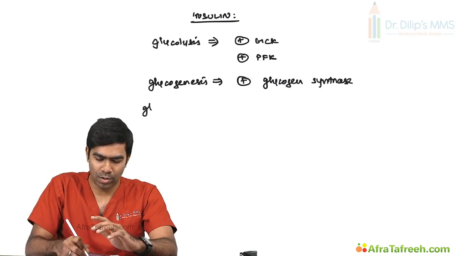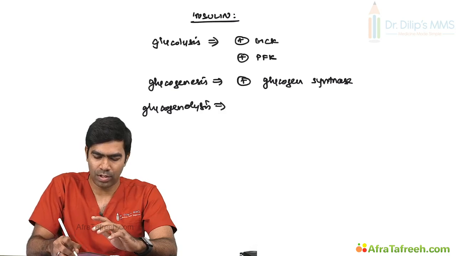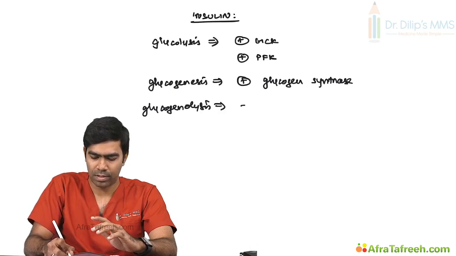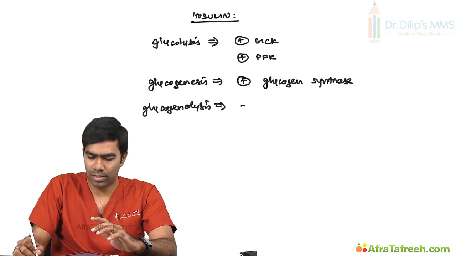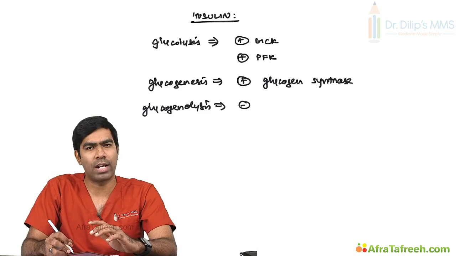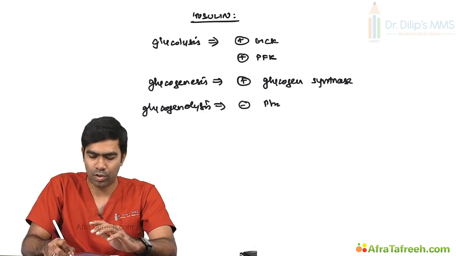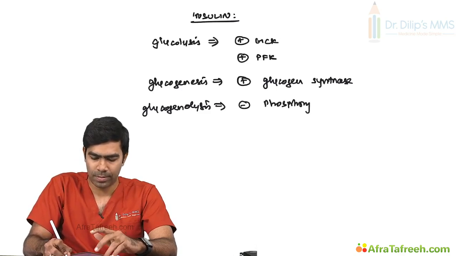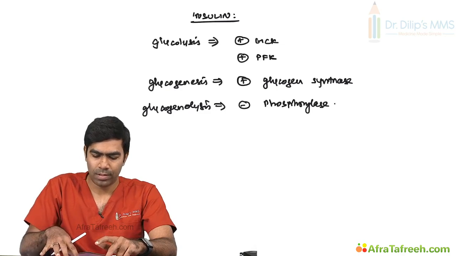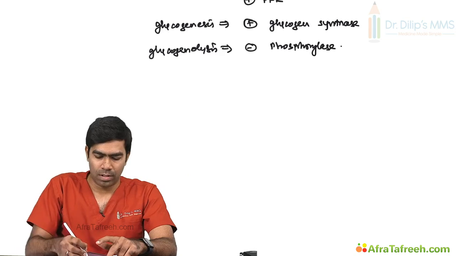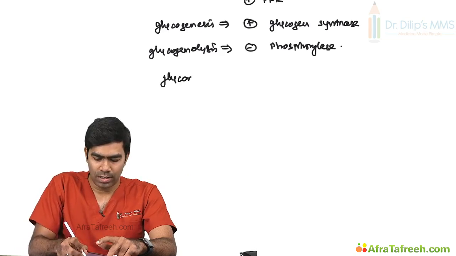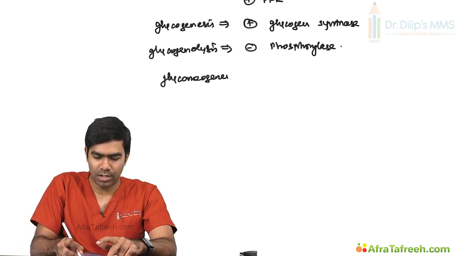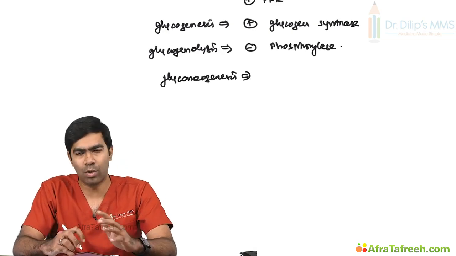What happens to glycogenolysis? Insulin definitely is going to inhibit glycogenolysis by inhibiting one important enzyme called glycogen phosphorylase. In the gluconeogenesis step, insulin is obviously going to inhibit gluconeogenesis.